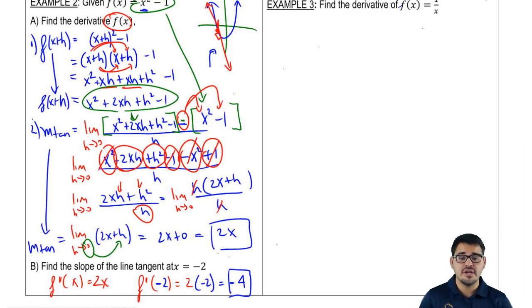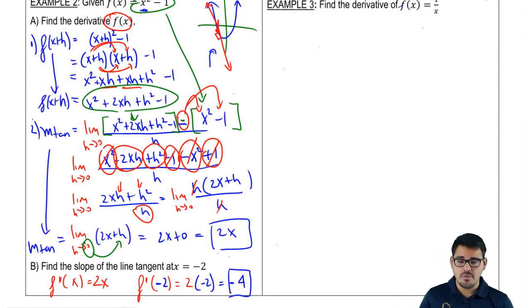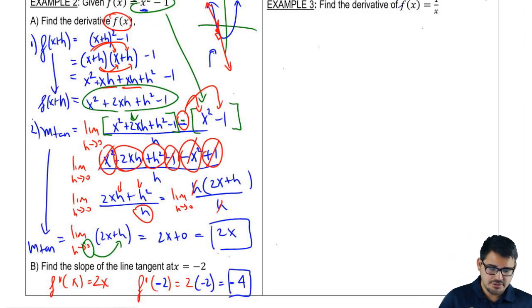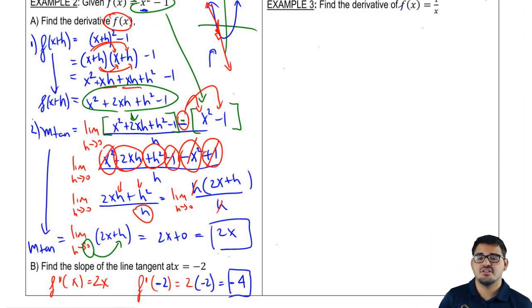It gives us a general equation for our slopes at any line tangent. So here, since we have to find a specific value, the specific value in this case is negative 2, it gives us the specific slope. While when we find the derivative the long way, it gives us an equation for any point. Okay?